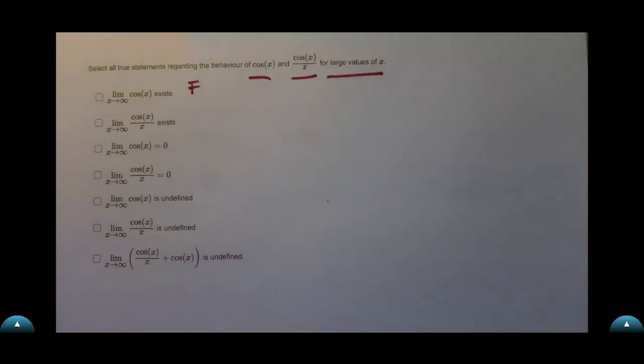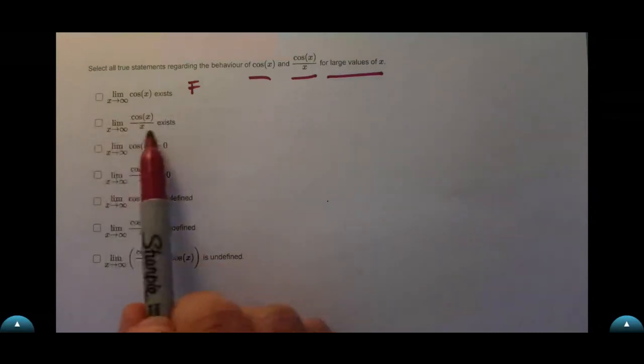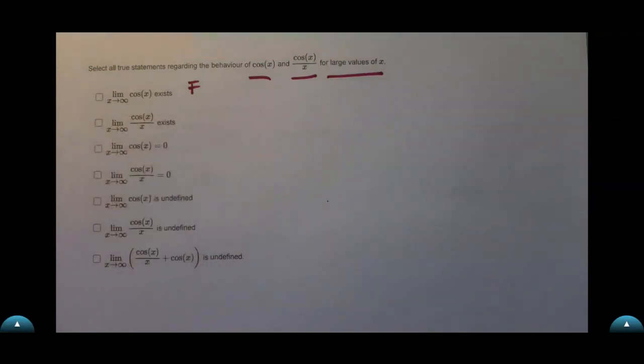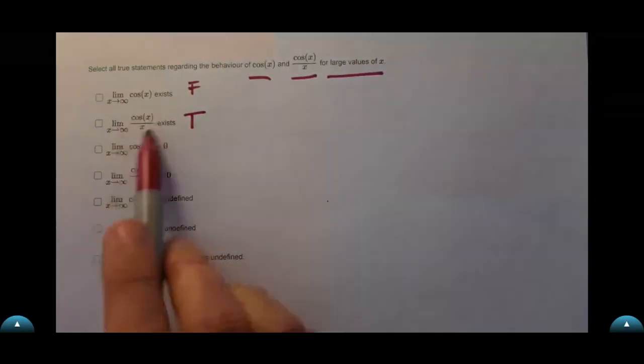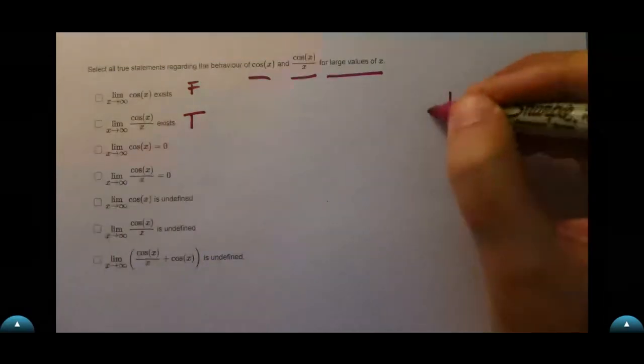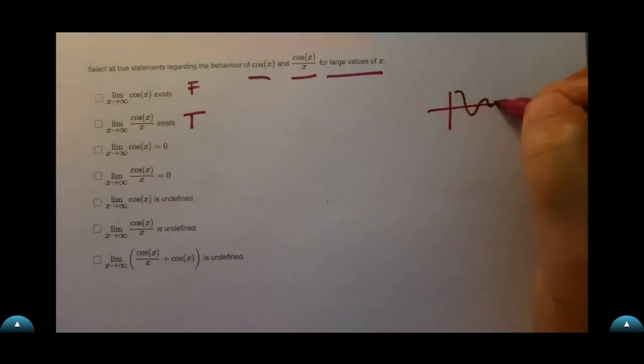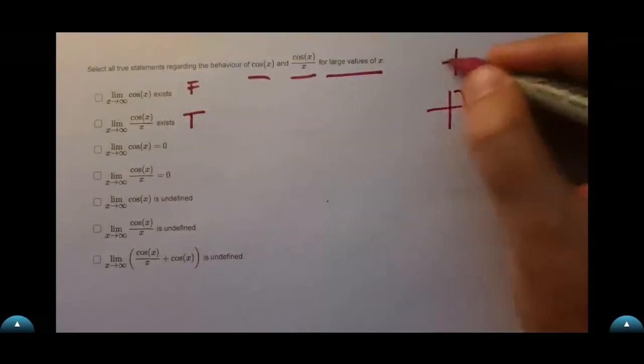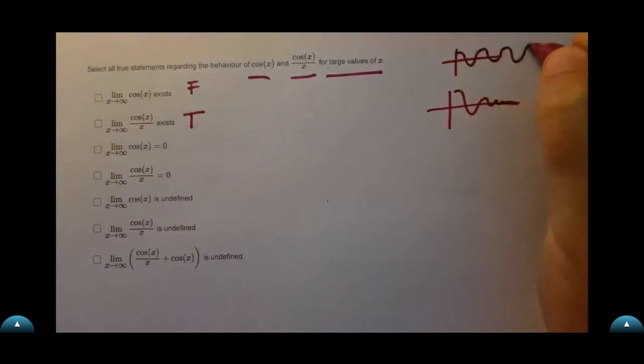It doesn't actually reach a limit. What about the second one? Does this limit exist? The second is true. True dat. Okay, so this limit does exist because, I think what happens is it kind of just goes like that and it goes towards 0. Whereas this one, cosine function, just keeps on going, right?